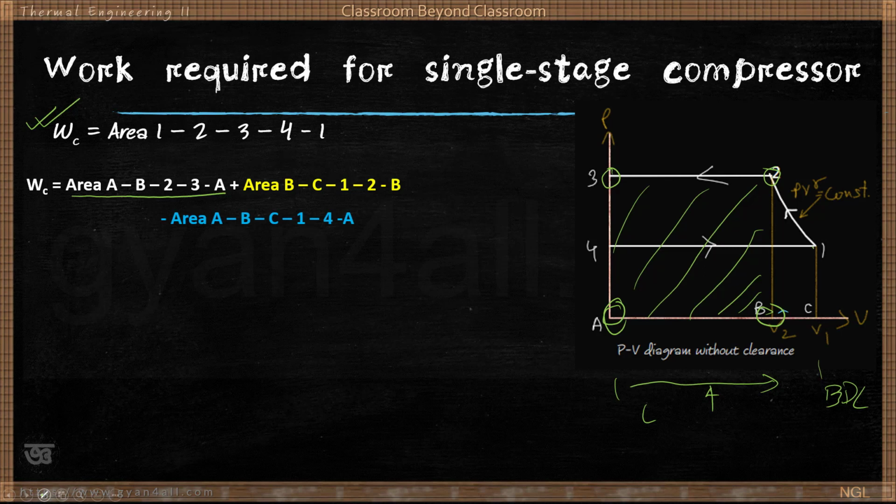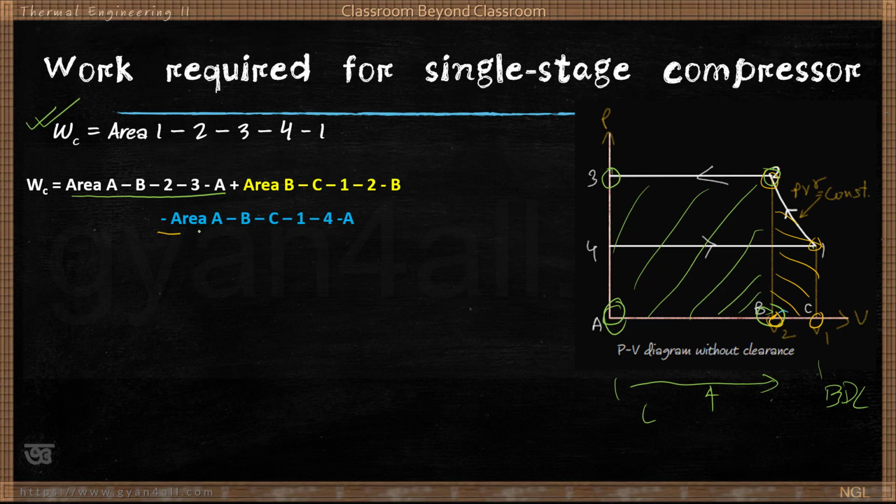Plus what area? Plus B, C, 1, 2 and B. That means this area. This way we include the whole area, but we need the upper area only.